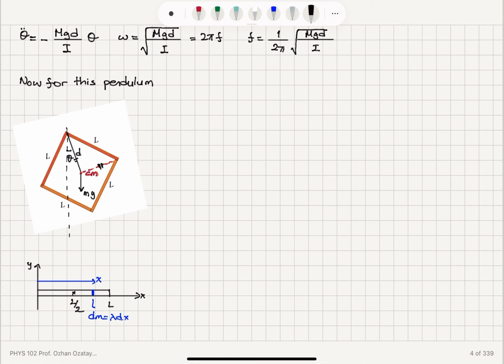So since the rods are uniform and they're identical, the center of mass of this system of four rods or four sticks will be at the center of the object by symmetry.